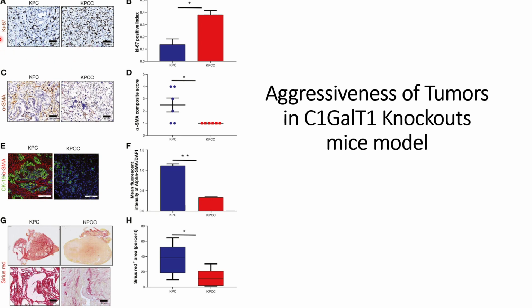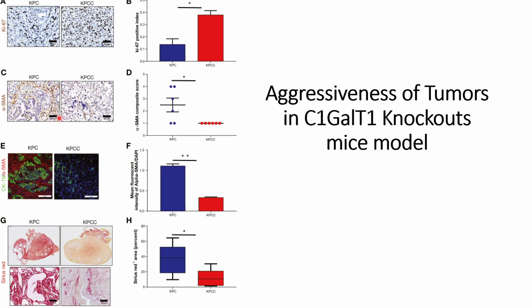Ki staining is one of the biomarkers used to detect the proliferation of cancer or tumors within patients or patient samples. This is the quantitative result of the fluorescence image, and we can see that in KPCC the Ki staining is significantly higher compared to the control case, KPC.